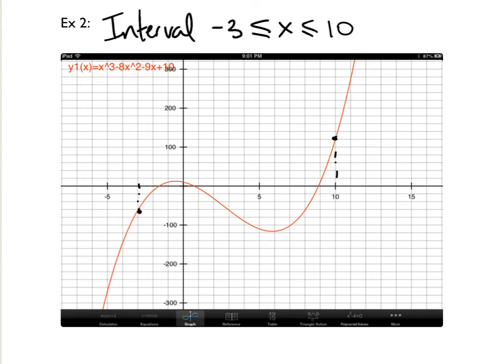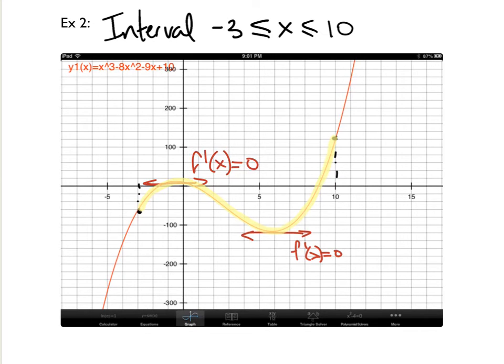Now let's look at this example. I've taken the liberty to identify our interval, and it's between -3 and 10. We can automatically see that if we take the derivative and set it to 0, that's going to give us these two points right here. Here f prime of x is equal to 0, as well as here.